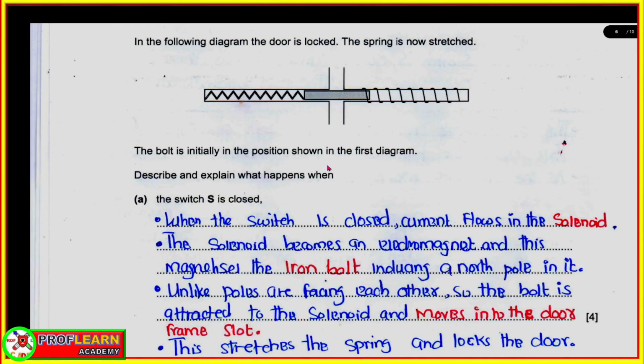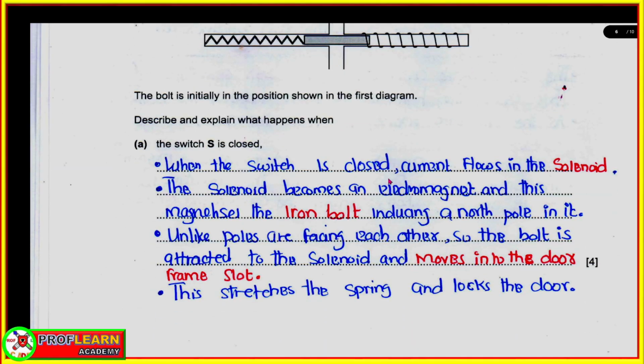So we're going to say, when the switch is closed, the current flows in the solenoid, and the solenoid becomes an electromagnet, and this magnetizes the iron bolt, inducing a north pole on it, and like poles are facing each other, and then the bolt is attracted into the solenoid and moves into the lock frame slot.